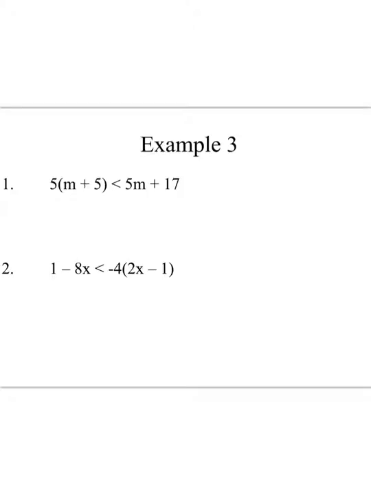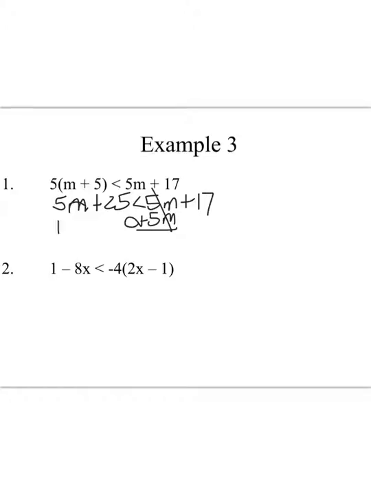I have 2 of these for you to try for me, please. And you're either going to get no solution or all real numbers. Oopsie. So 5m plus 25 needs to be greater than 5m plus 17. We're going to add negative 5m to each side.